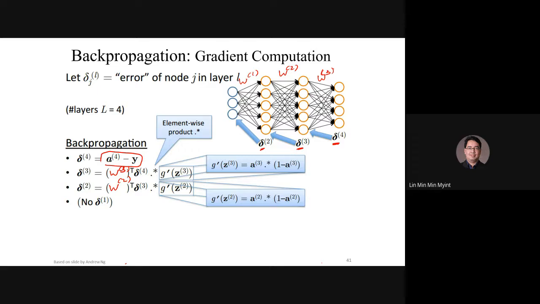For this part, I will discuss more detail next week. This is how we do the backward propagation.